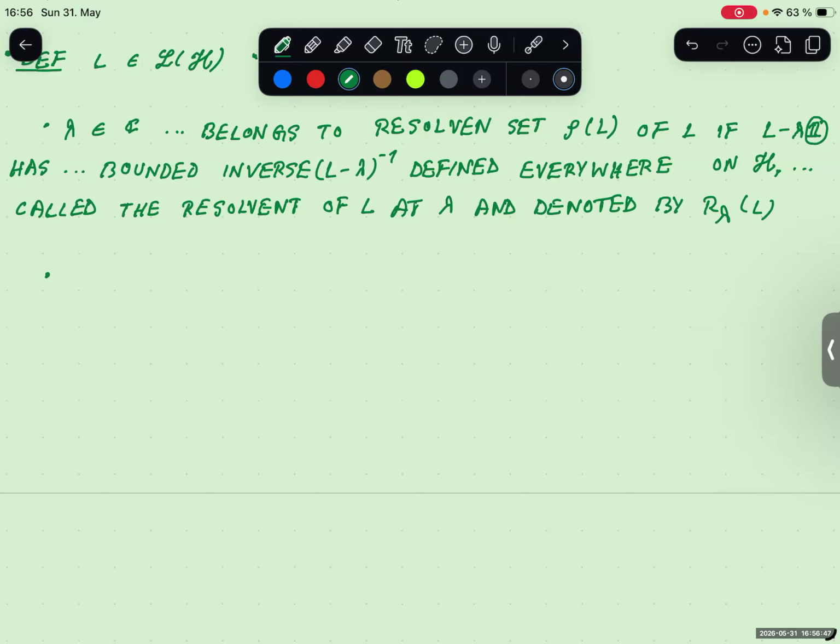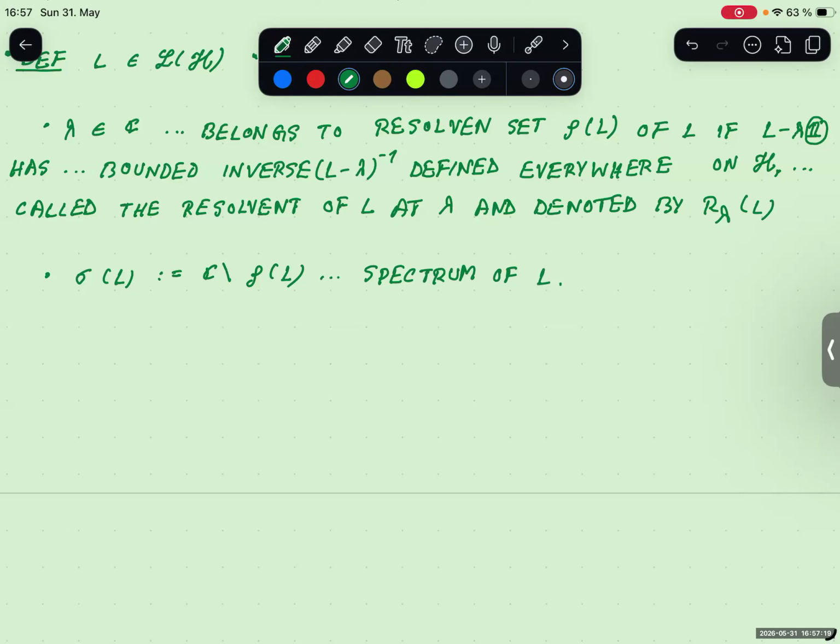Now, once we have defined the resolvent set or resolvent of an operator, then this set sigma of L, which is the complement of resolvent, so C complement of resolvent set, is called the spectrum of the operator L. Okay.